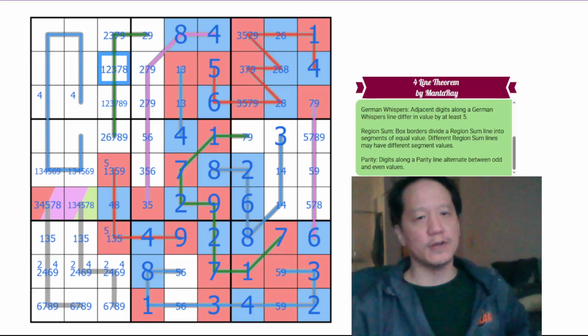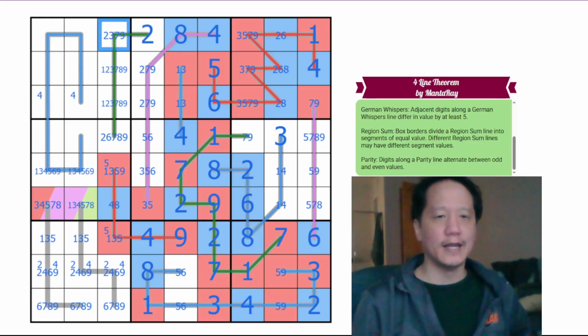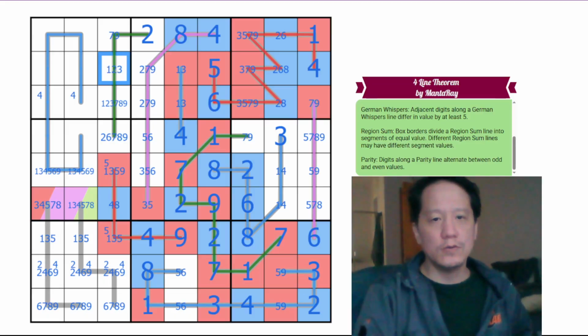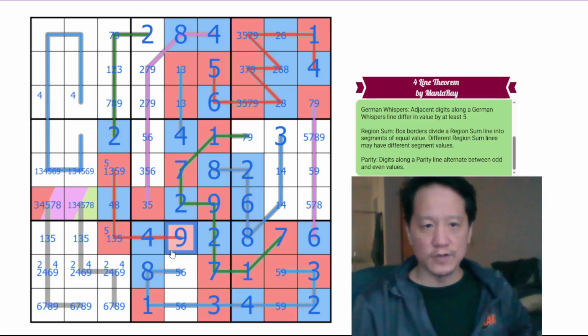So this can't be high, low, high, low, high. It must be low, high, low, high, low. So this is 2. So that's 2, which makes this even. This can't be 2.